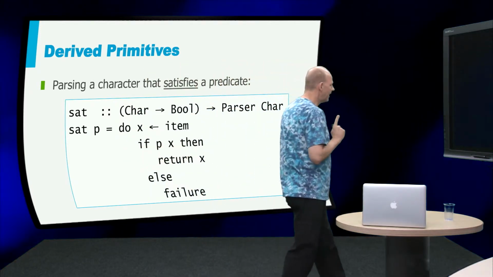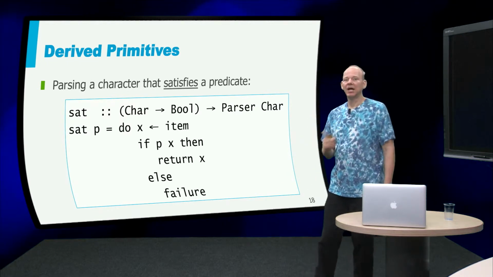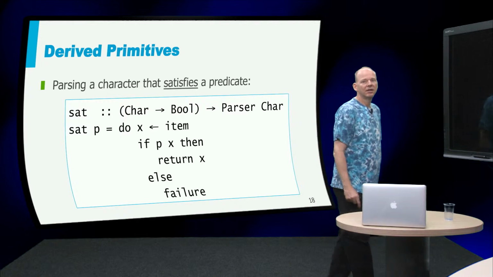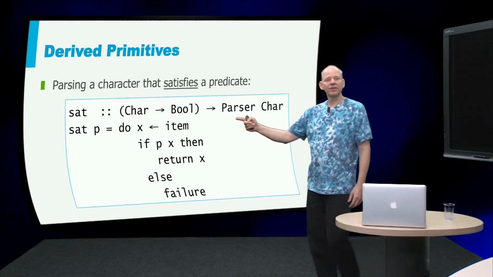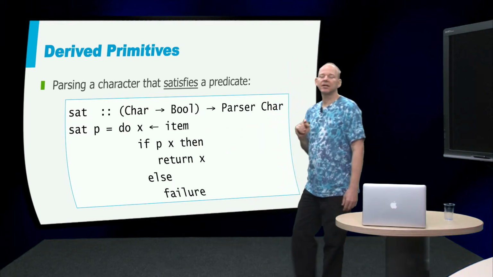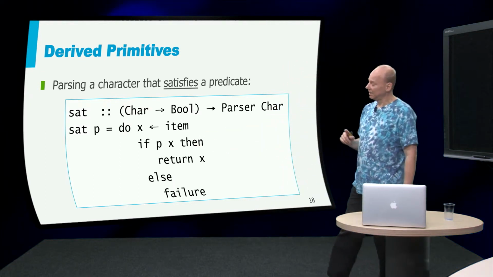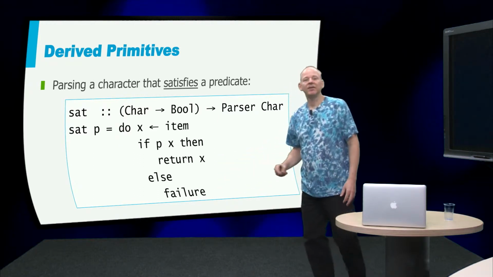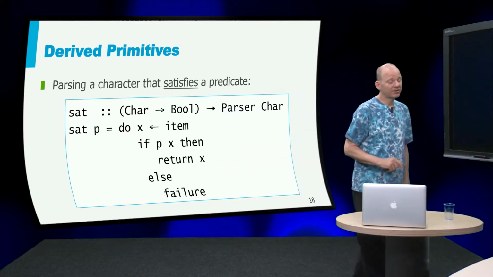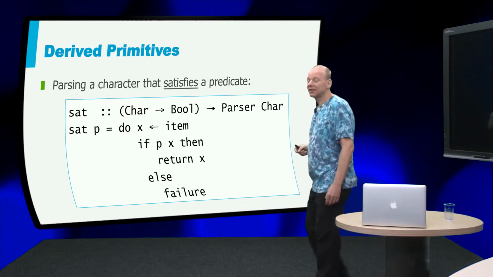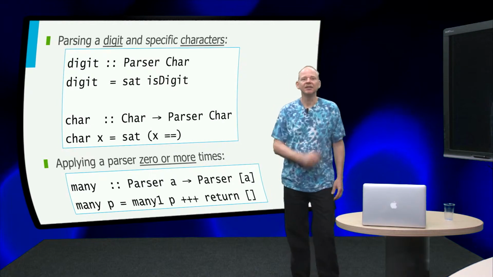If P of X does not hold, then we have to fail. All right? So this is quite obvious. We try to parse any item, then we check whether the predicate holds. If it holds, we use the parser that always succeeds. And if the predicate does not hold, we use the parser that always fails. So those came in quite handy, huh?